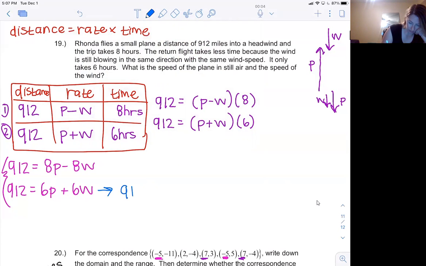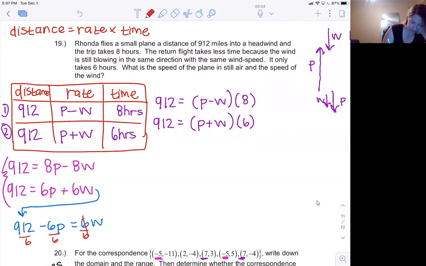So I'm going to have 912 minus 6P equals 6W. And then I'm going to divide by 6, divide by 6. So I have 912 divided by 6 is 152 minus P equals W.